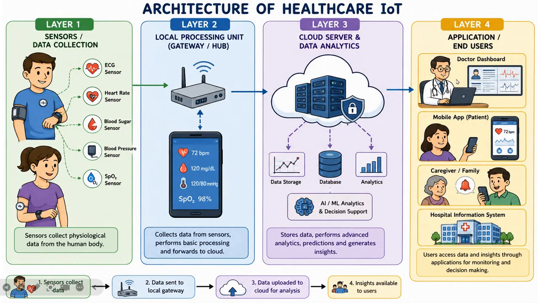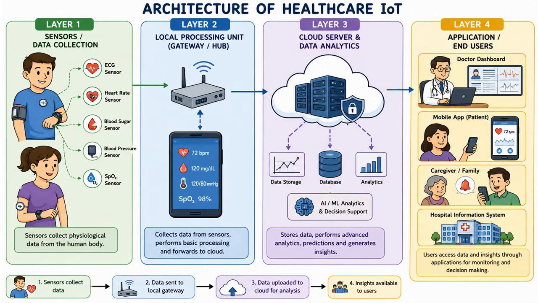The doctors can view the patient's report through the dashboards, and patients can monitor their health using the mobile phone. Family members can receive the alerts using the mobile apps during emergencies, and hospitals can use the information for treatment planning and patient management.